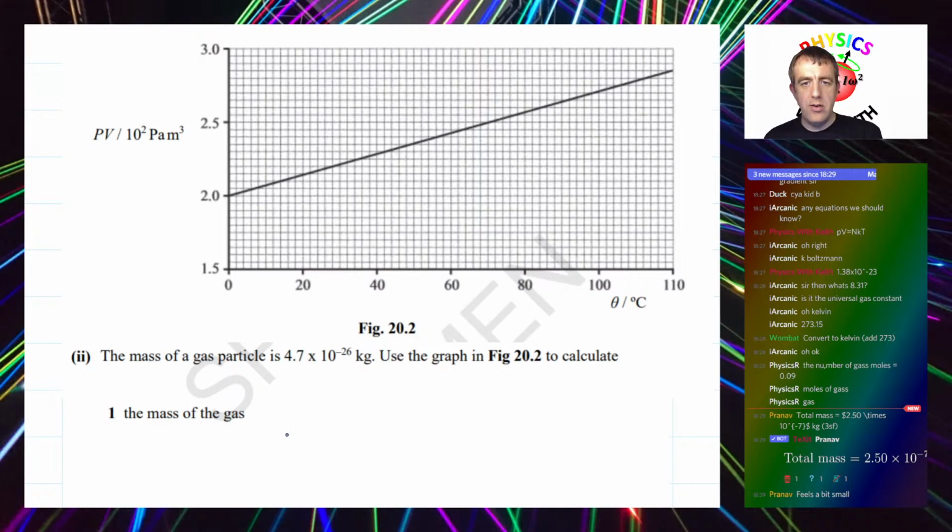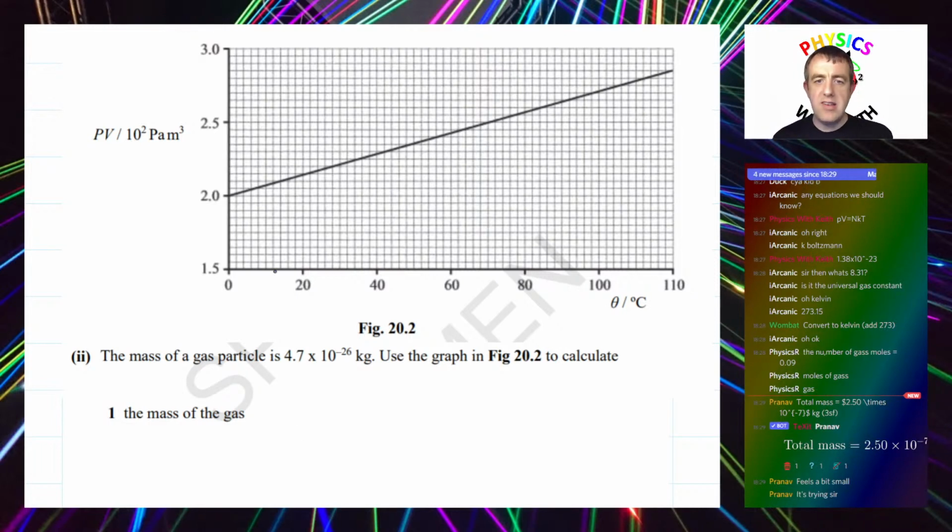So I've got my pen out. The mass of the gas. We're going to start by saying that PV equals NkT. And I'm going to divide through by kT.